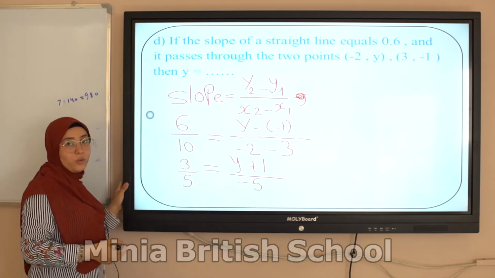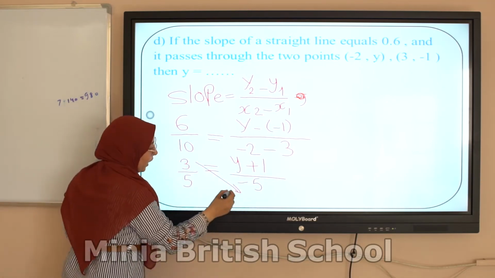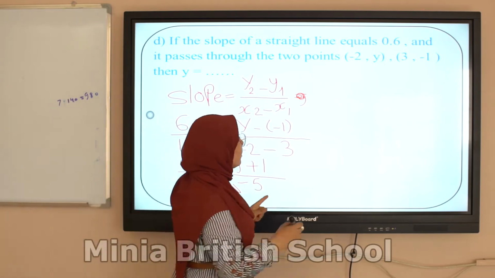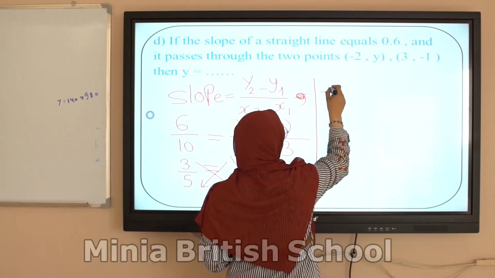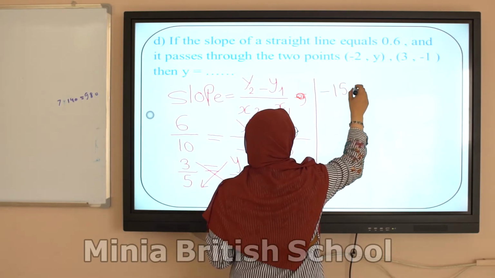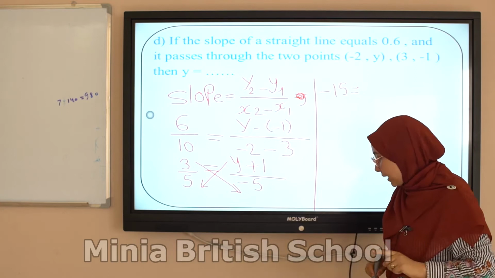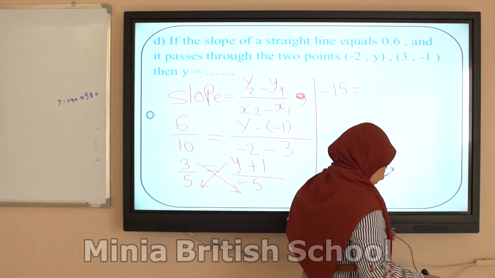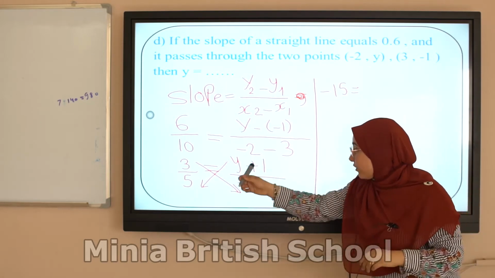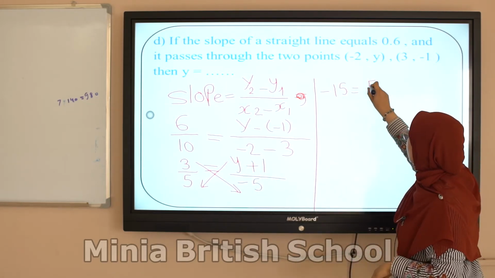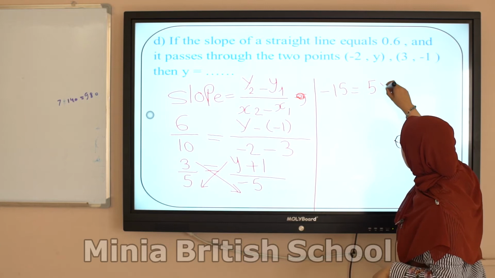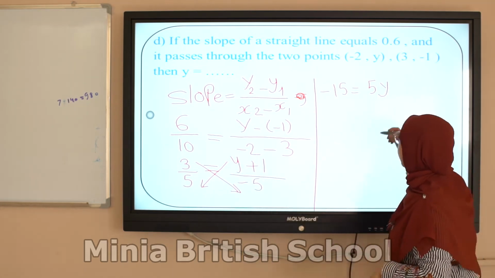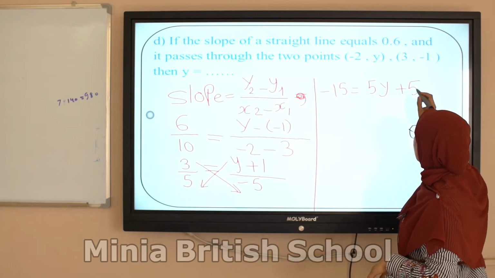Now to find the value of y, I will cross-multiply, like scissors. 3 times negative 5 equals negative 15, and 5 times y plus 5 times 1 equals 5.